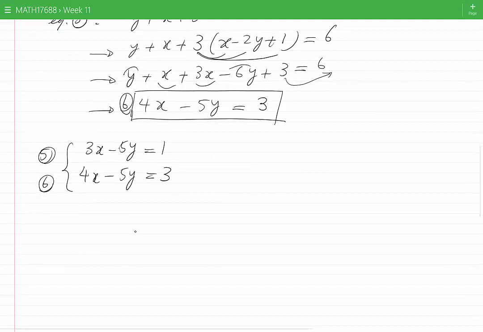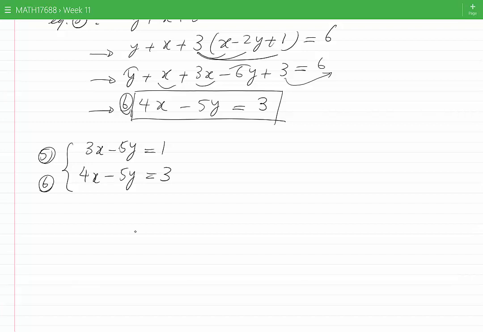Once again, we repeat the iteration. Choose any of the equations, 5 or 6, you like, and isolate any variable you like. Try to isolate a variable in a way that you wouldn't create fractions on the way.